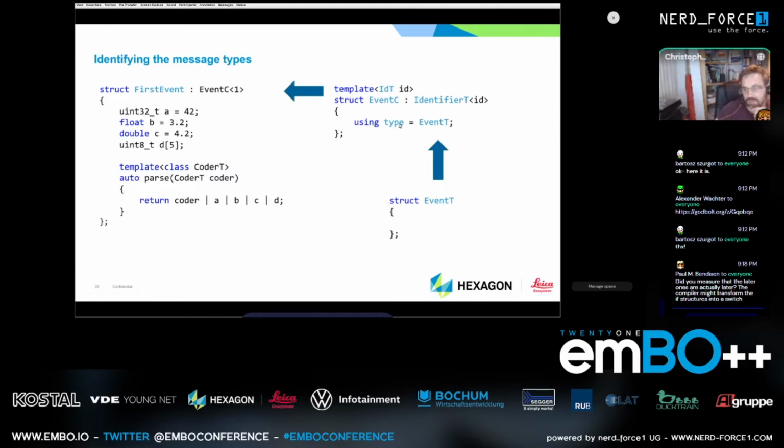There are no members in here, no functions. So the so-called empty base class optimization comes into play. The compiler will not generate anything in terms of size for these two classes. So the size of this class is still the same. And here's the identifier. Of course, we have the ID again so that the implementation function still works nicely.